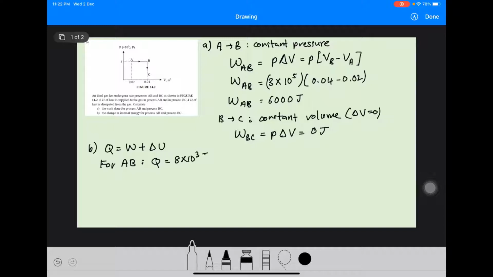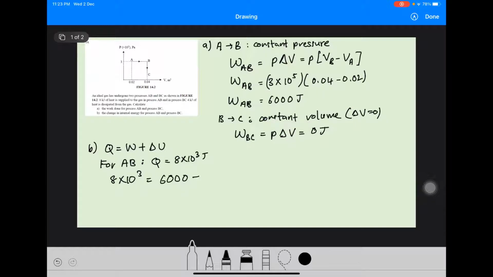I can substitute 8 times 10 to the power of 3 equals the work done that we got from the previous calculation, 6,000, plus delta U. Again, if you get a negative over here and over here, just substitute the negative value.